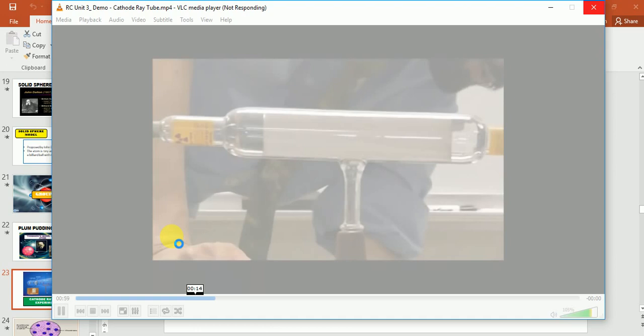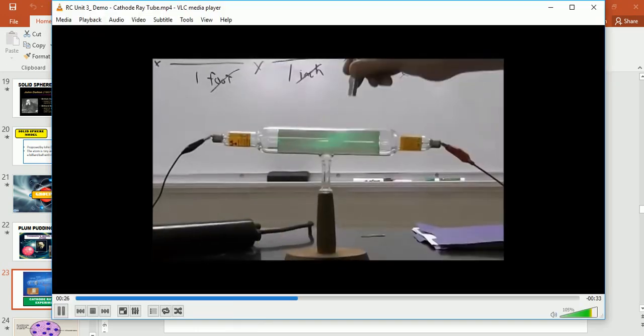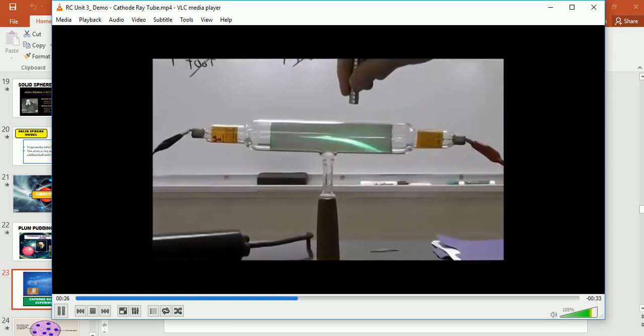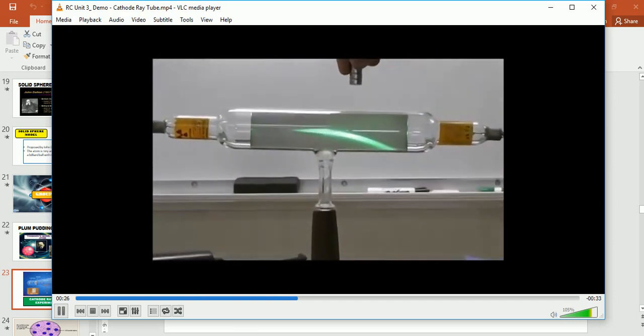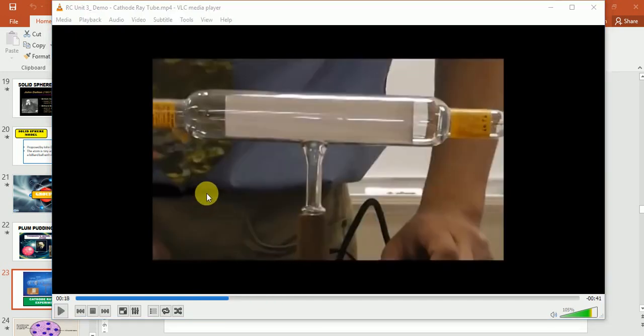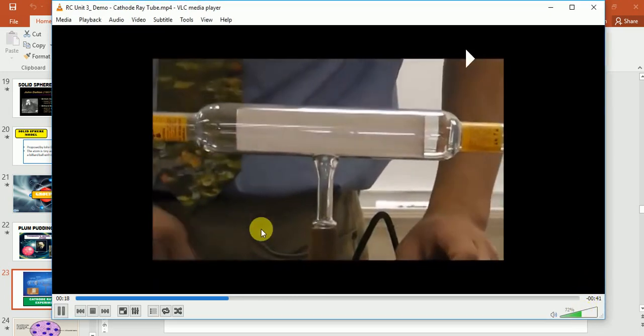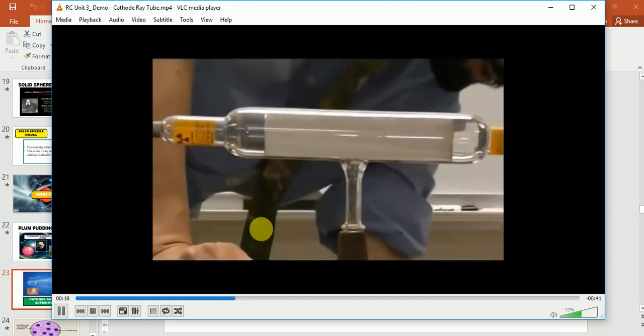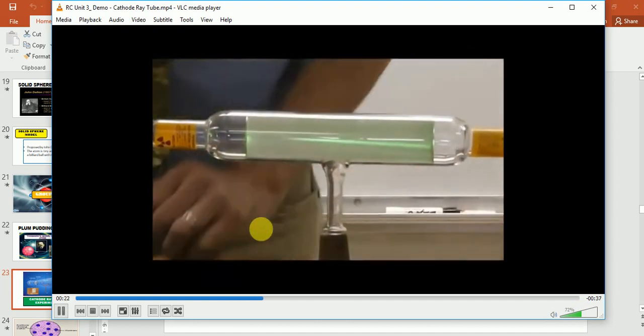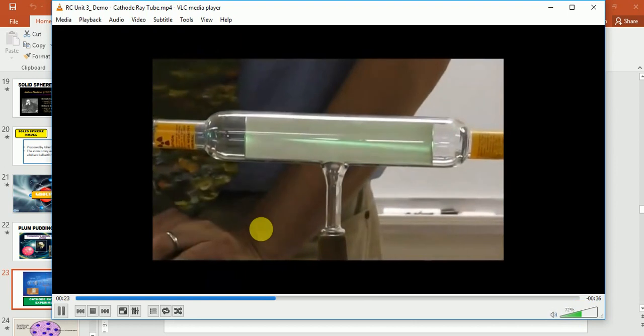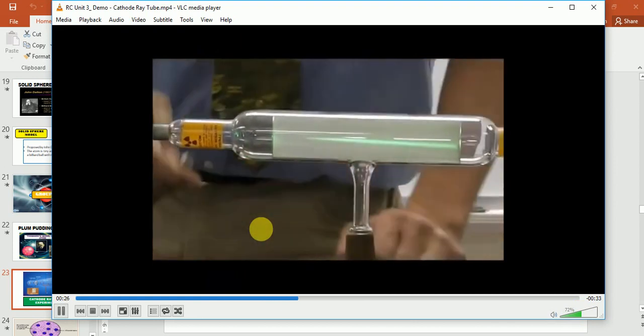That's why he proposed this model, that the atom consists of positively charged matter with large numbers of electrons embedded in it. So again, the name of the scientist was J.J. Thomson, and the name of the model is the plum pudding model, based on the cathode ray tube experiment.